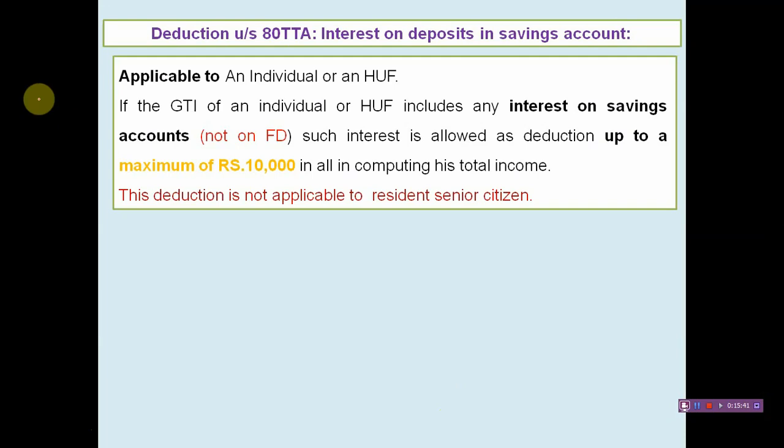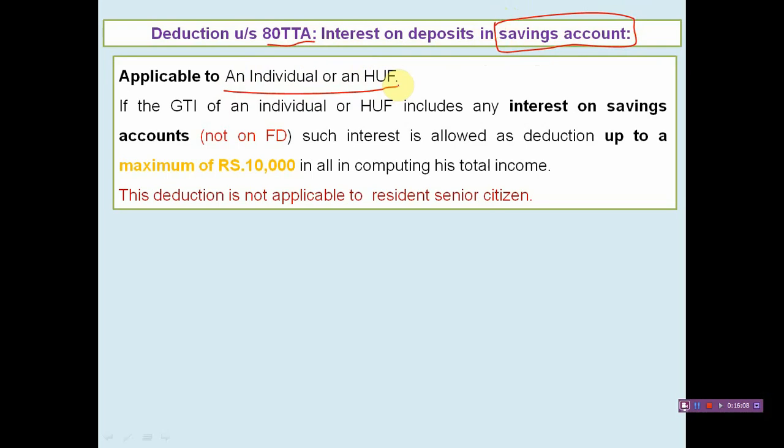The next one is also in respect of an income, deduction under section 80TTA. It is an important one. Interest on deposits in savings account only. It is applicable to an individual and Hindu undivided family.